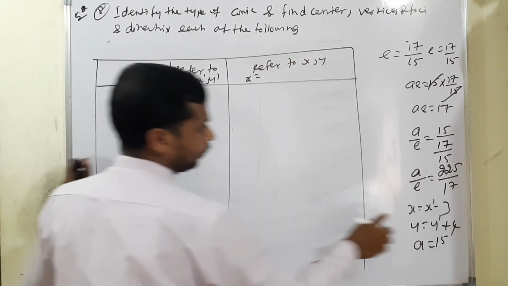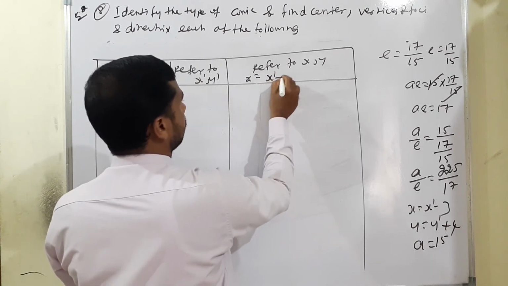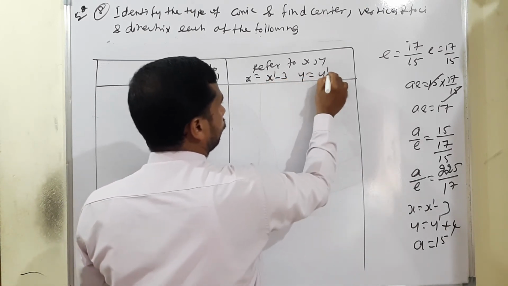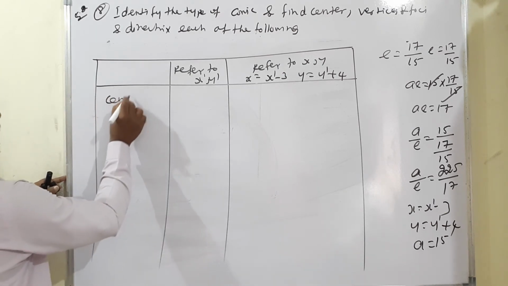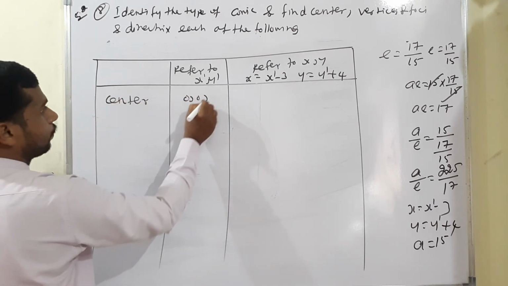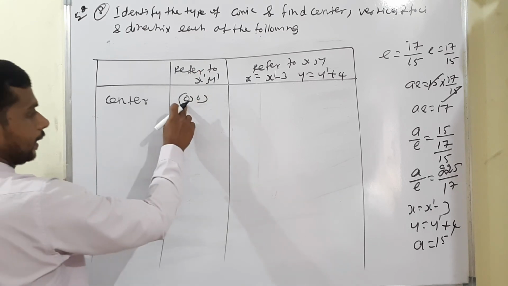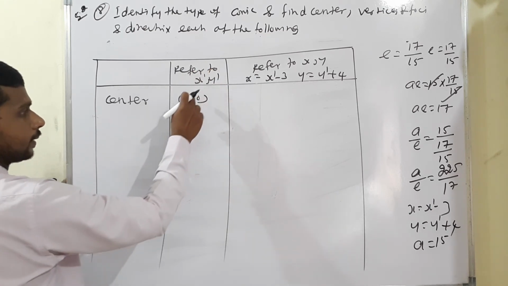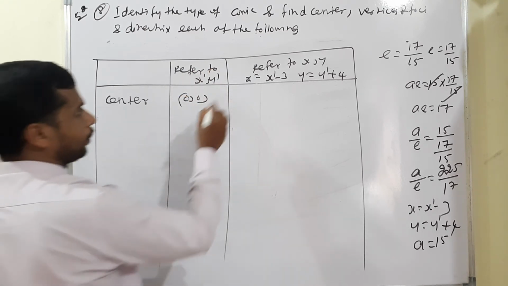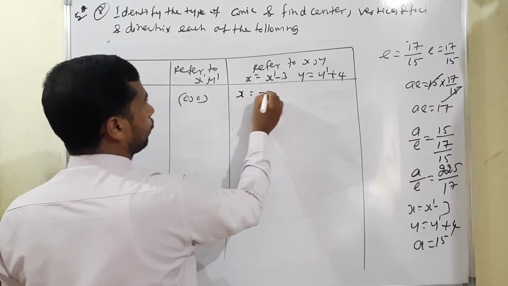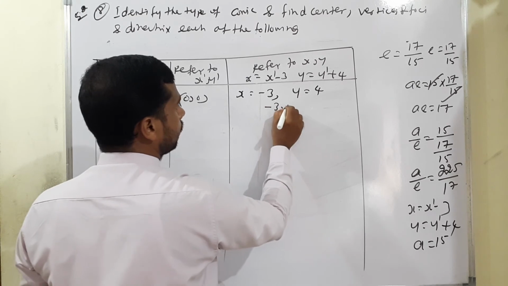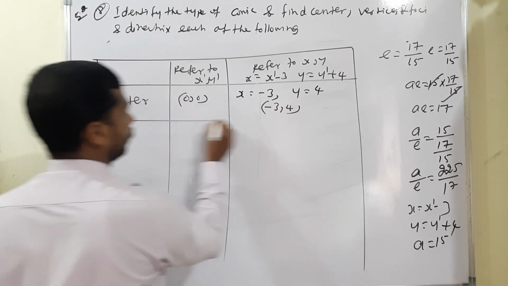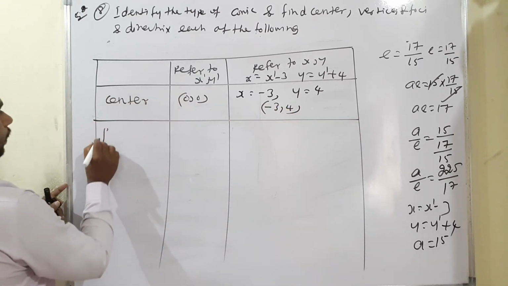So x is equal to x dash minus 3 and y is equal to y dash plus 4. Now the center: x dash is equal to 0 as well as y dash is equal to 0. Therefore x is equal to 0 minus 3, y is equal to 0 plus 4, so the center is minus 3 comma 4.